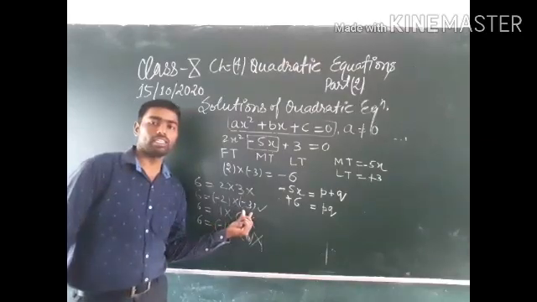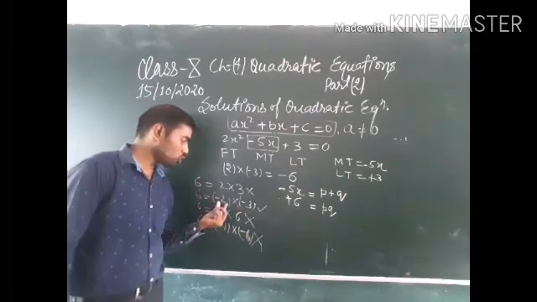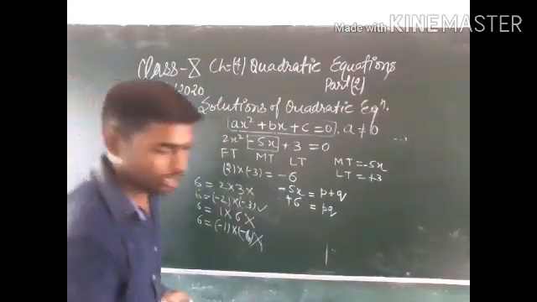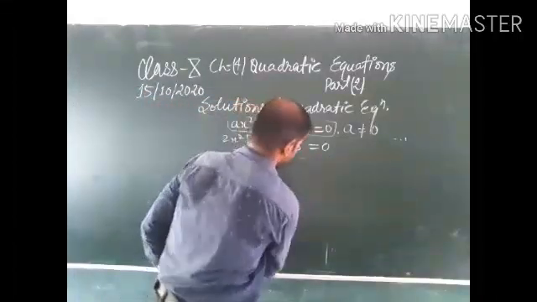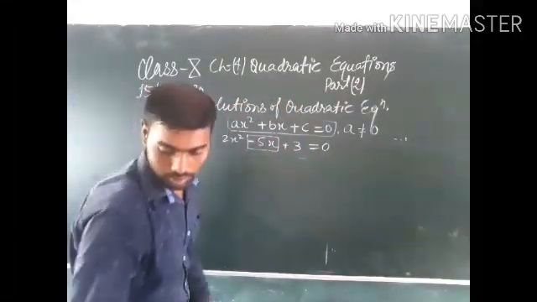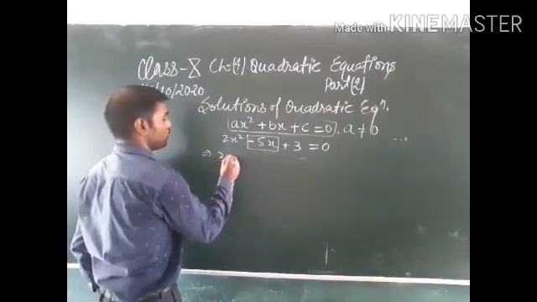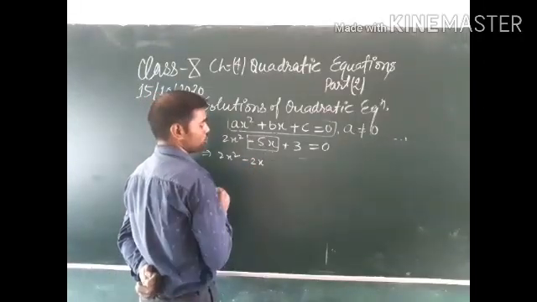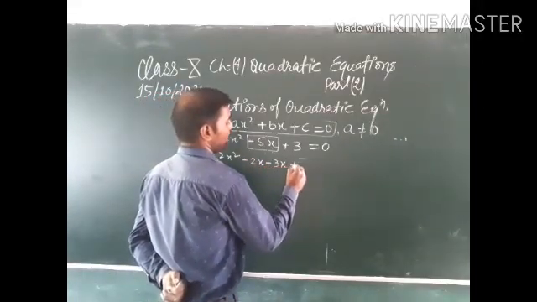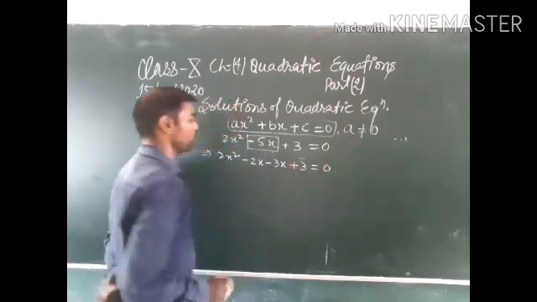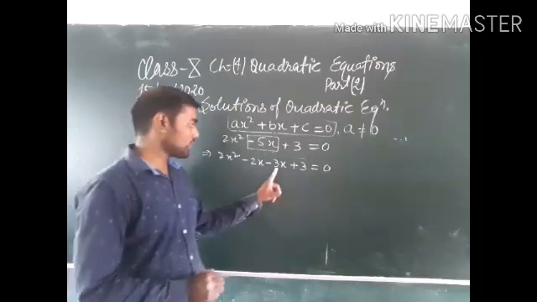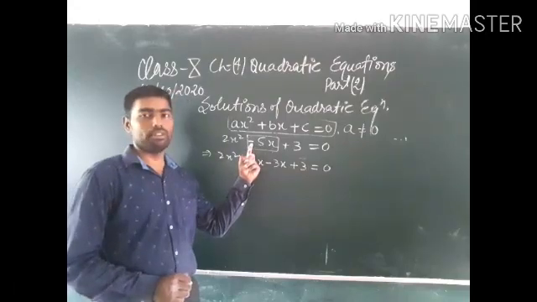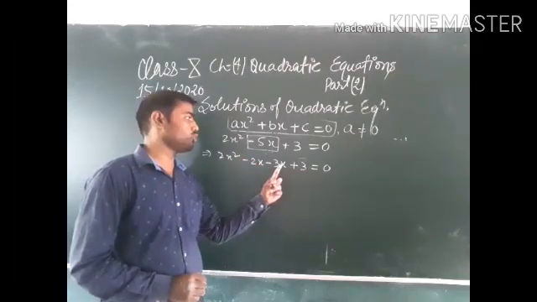So we can write 2x² − 2x − 3x + 3 = 0. Minus 2x and minus 3x gives 5, and the product gives 6.